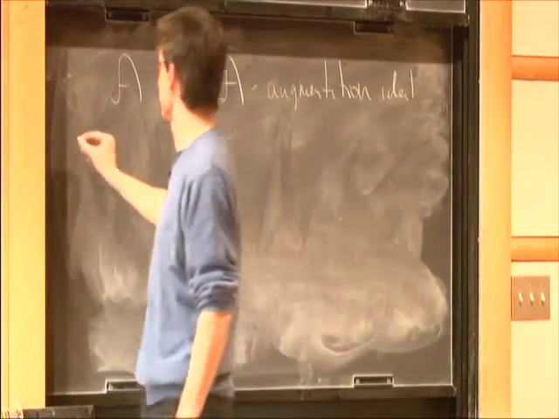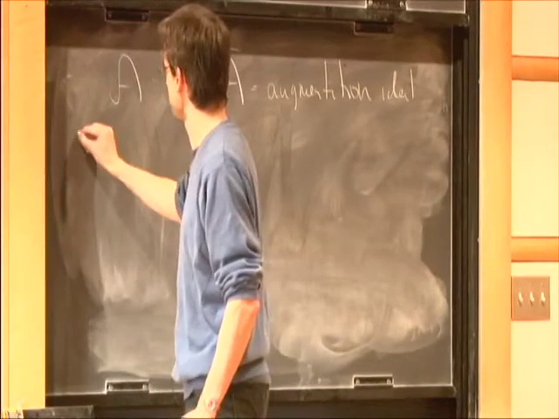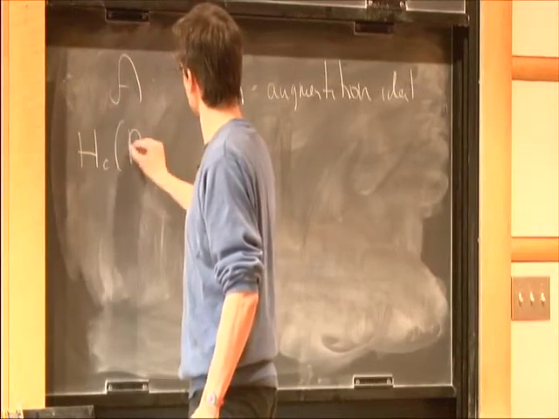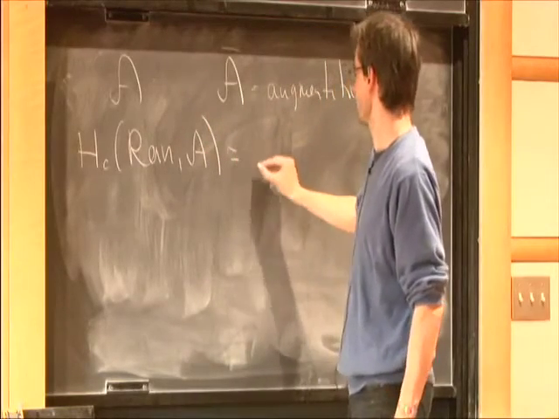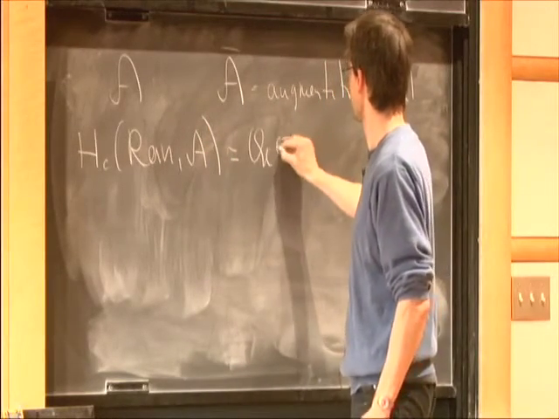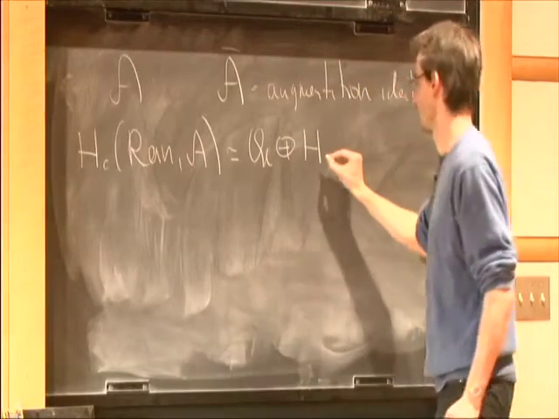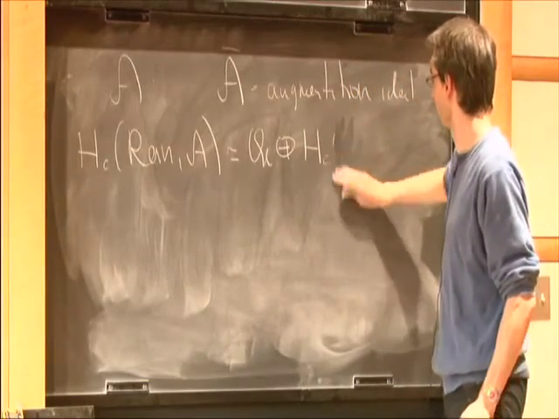And it's a general theorem, again in the book of Beilinson and Drinfeld, that if you take the cohomology of the Ran space of A, this will be the same as just constants plus the cohomology on the Ran space of A bar.